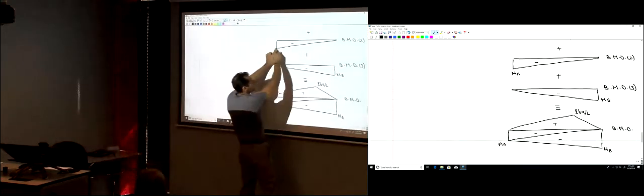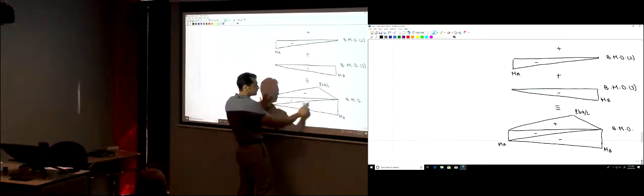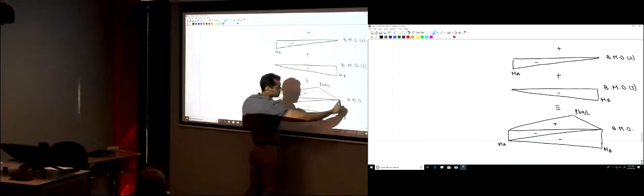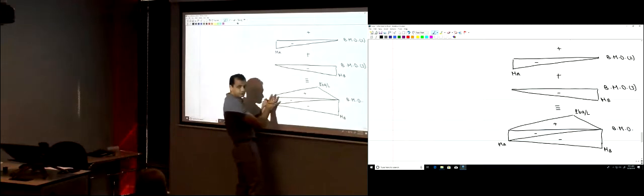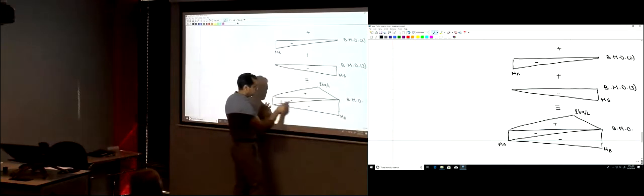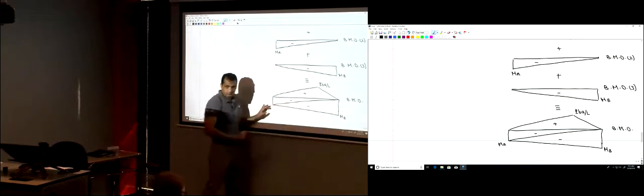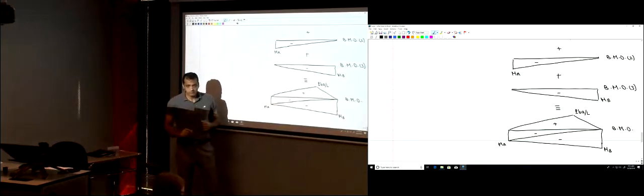MA is connected to 0, right? And then here you have MB, and it's connected to 0. So you're adding this on top of this value. So it's this part. Okay? Is it clear now?